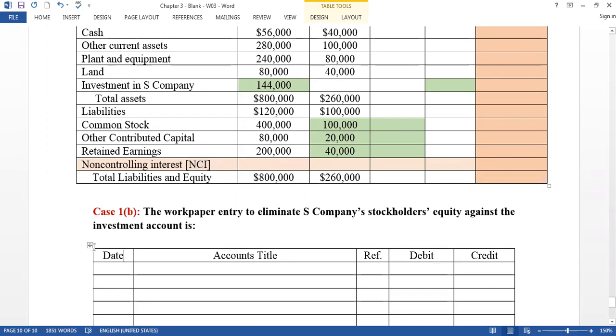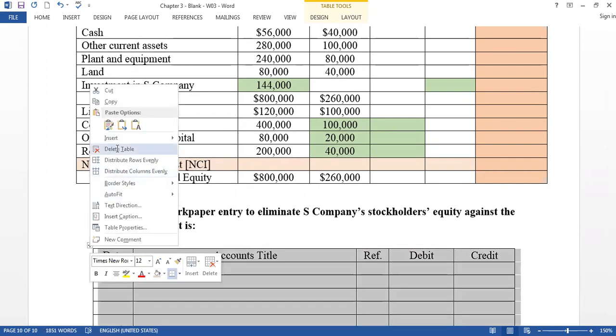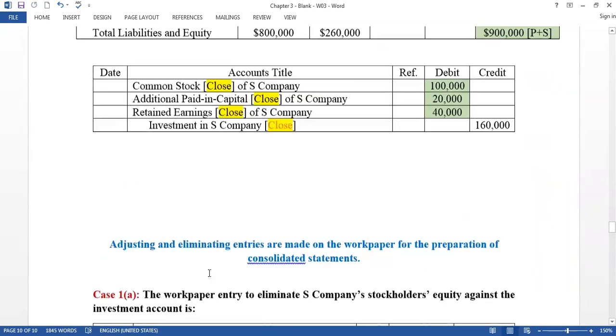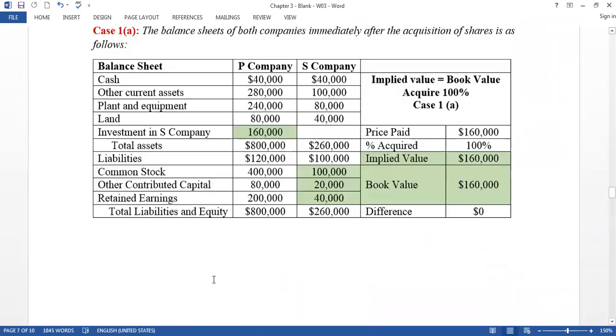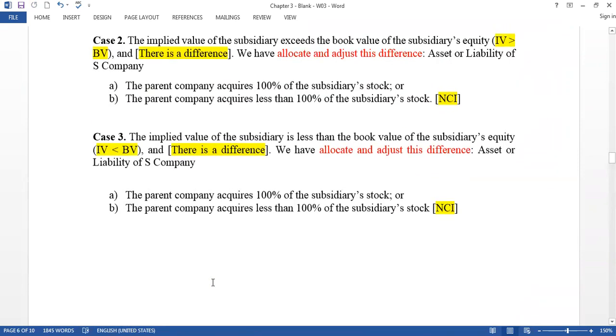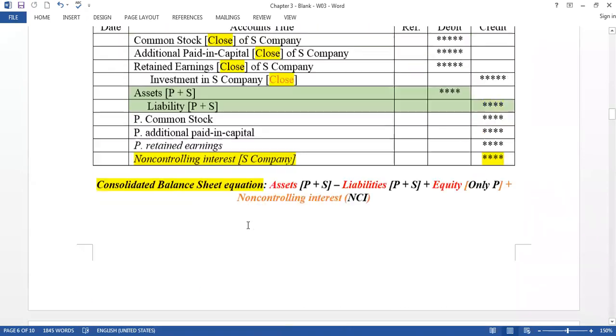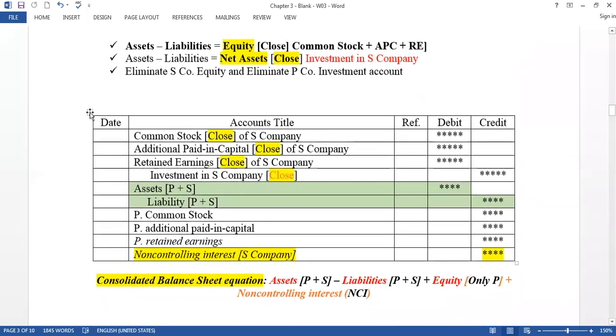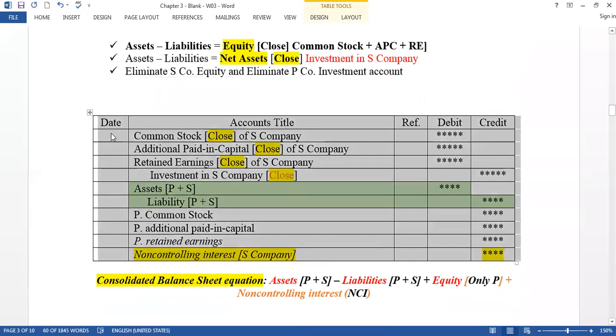Again, I suggest you solve this question by applying the journal entries. Yes, I can copy this from here, because here we have non-controlling interest, right? So if we have non-controlling interest, we have some journal entries.